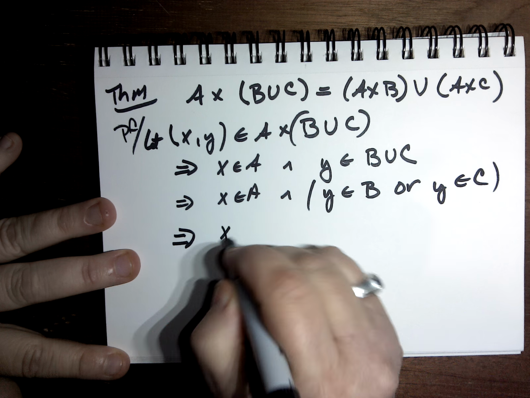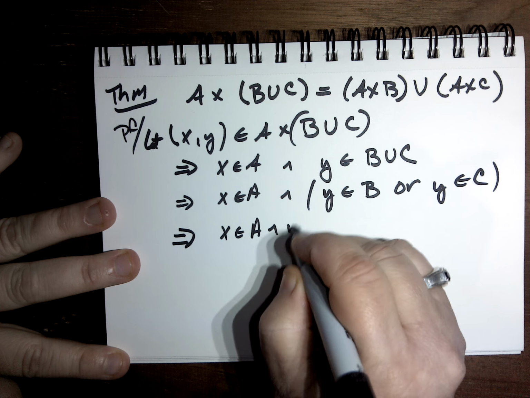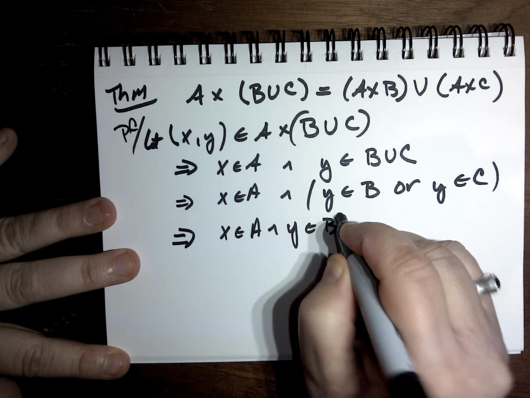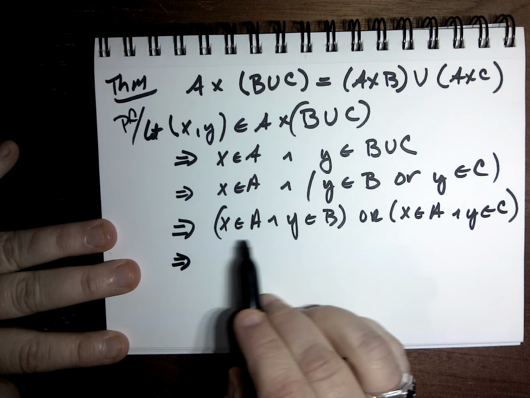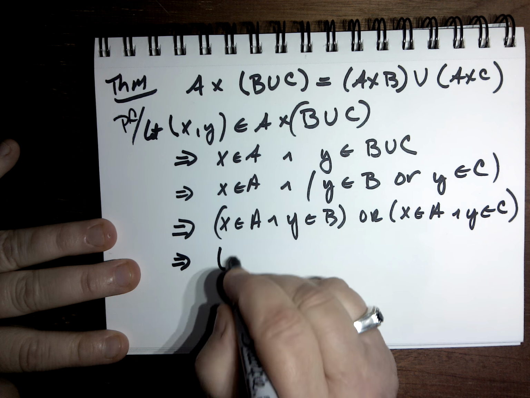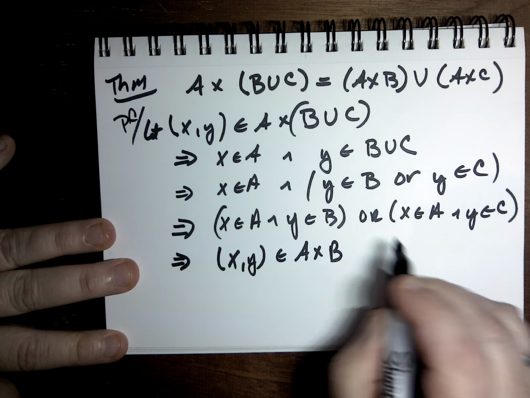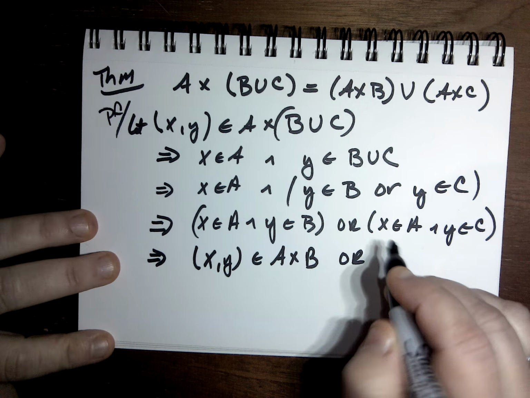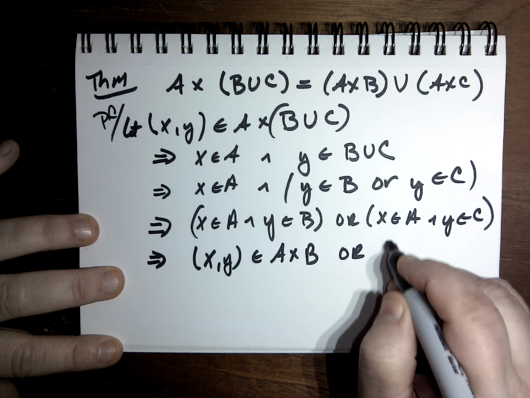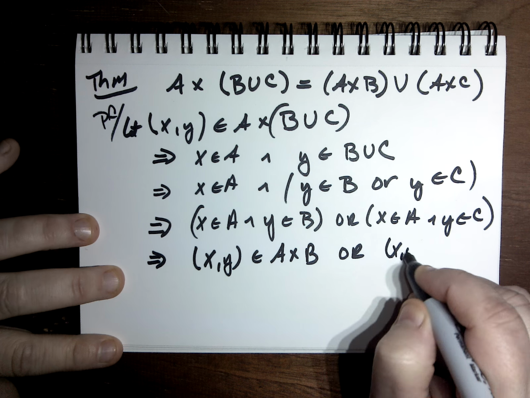So that means x is an element of A and y is an element of B, or x is an element of A and y is an element of C. Now, bringing this back together so I get back to this cross notation. If x is in A and y is in B, that means the ordered pair (x, y) is in A cross B. Or, if x is in A and y is in C, that means (x, y) is an element of A cross C.